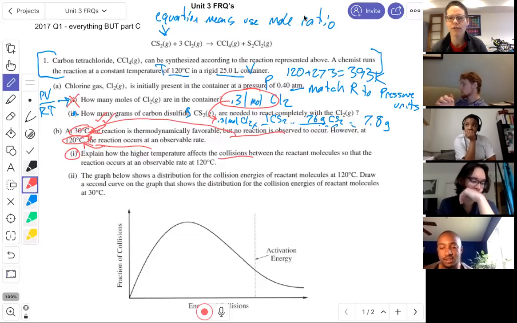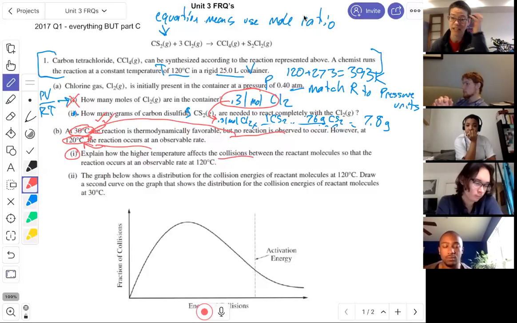What they're looking for here is you to describe how this situation allows the reaction to overcome the activation energy. So anytime you see something talking about whether or not a reaction occurs, like that observable rate part, it should clue into your head, oh, I should include something about kinetics.